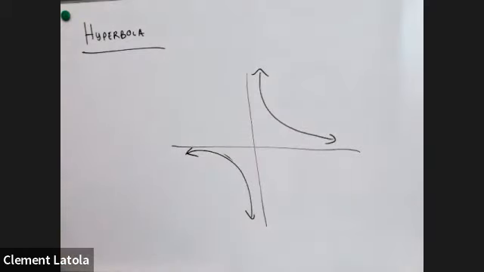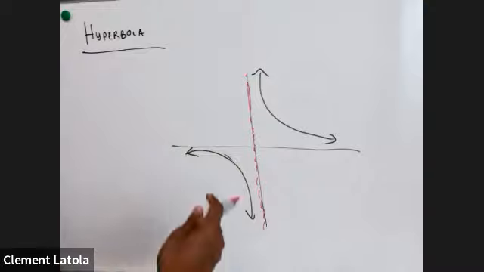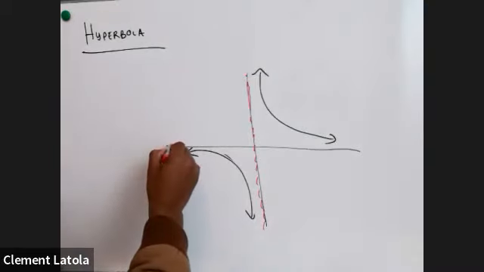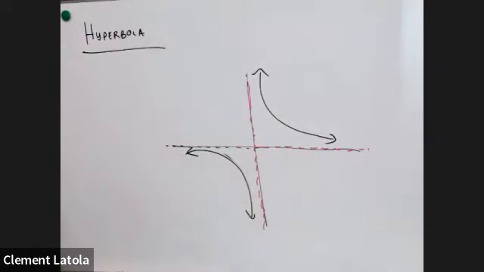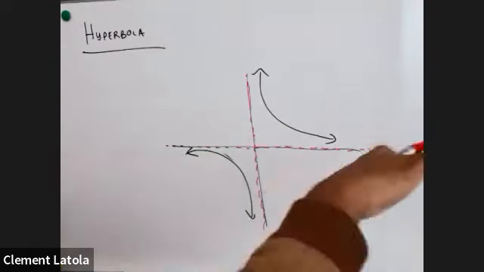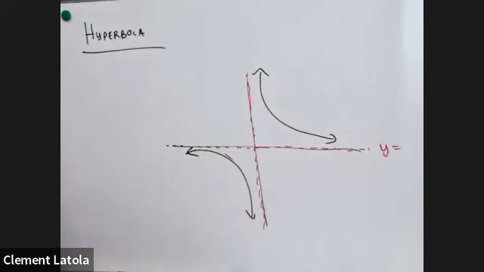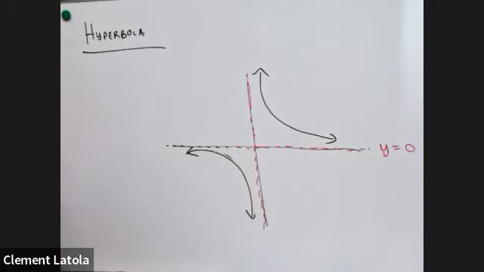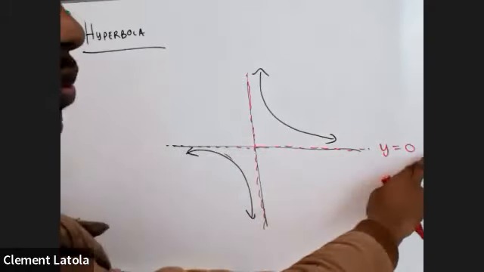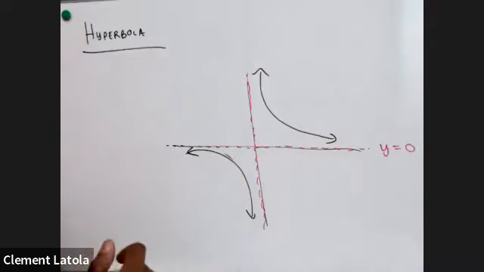And then these graphs have asymptote lines. So the first asymptote will be on the y-axis, that's a vertical asymptote. And then it has another asymptote on the x-axis, that's the horizontal asymptote. The horizontal asymptote will always have an equation y is equal to. If it's on the x-axis, then y will be equal to 0. If it moves up or down, then this y value will change according to how far it moved up or down.